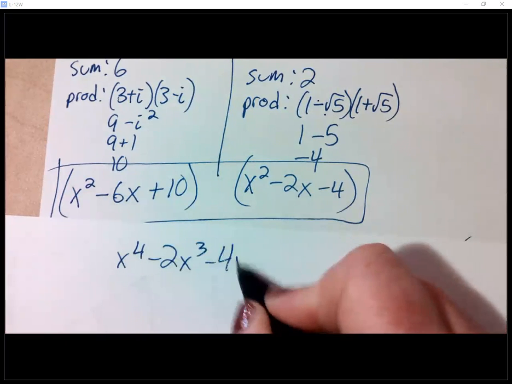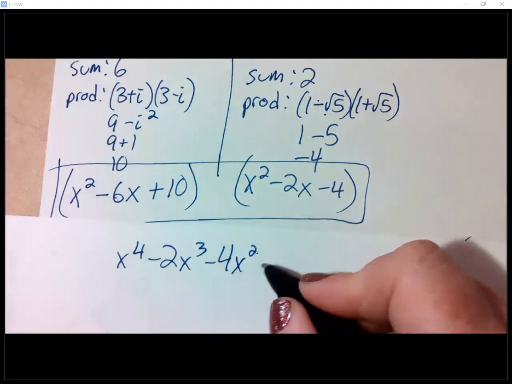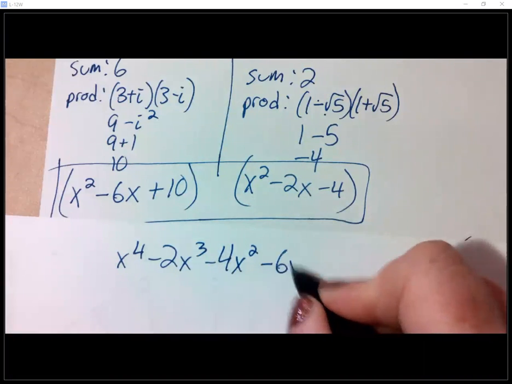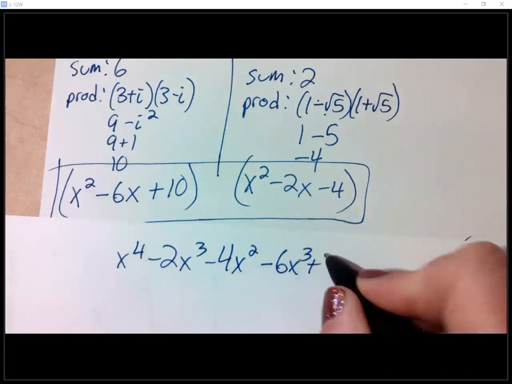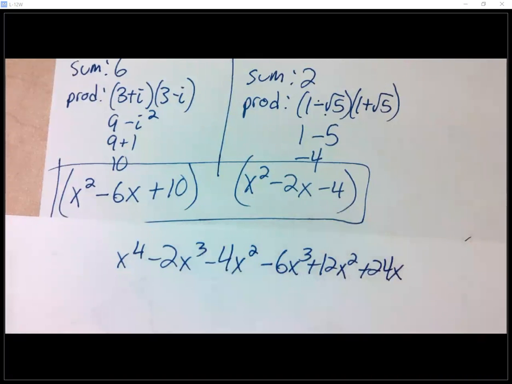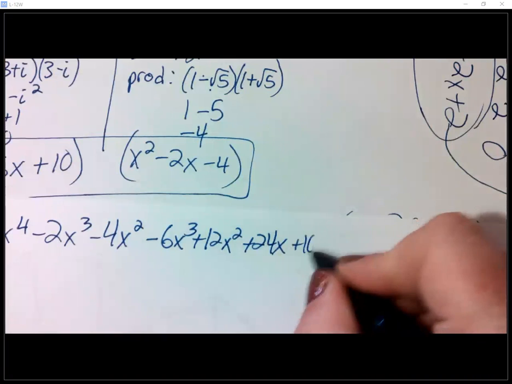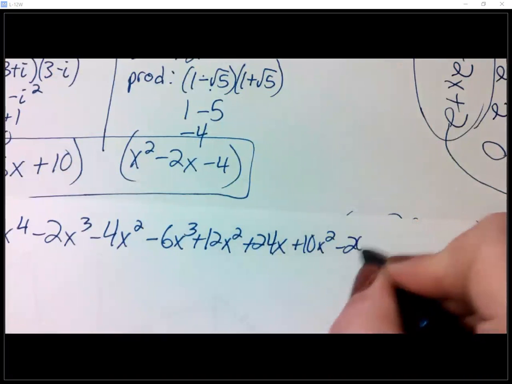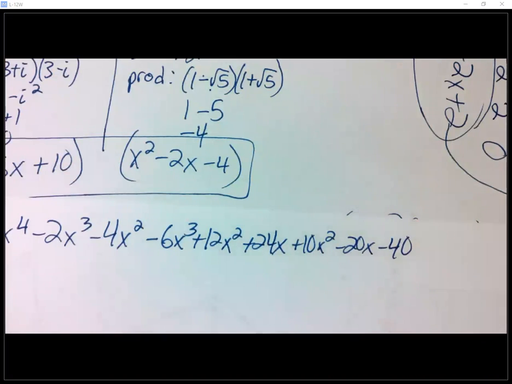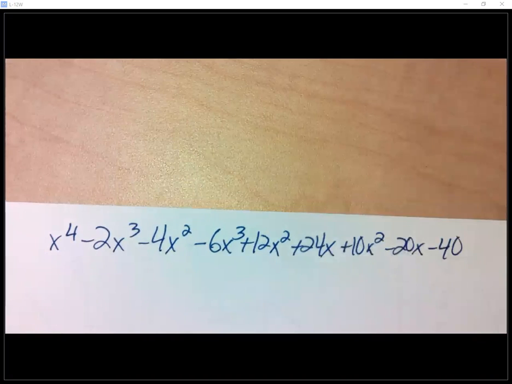Now I do minus 6x times all 3: minus 6x cubed plus 12x squared plus 24x. Then I do plus 10 times all 3: plus 10x squared minus 20x minus 40. So I should have 9 things in this crazy list: 1, 2, 3, 4, 5, 6, 7, 8, 9. I do. So now all I have to do is combine my terms and I'll be done.